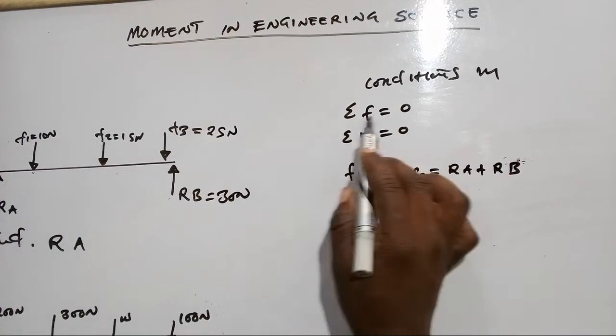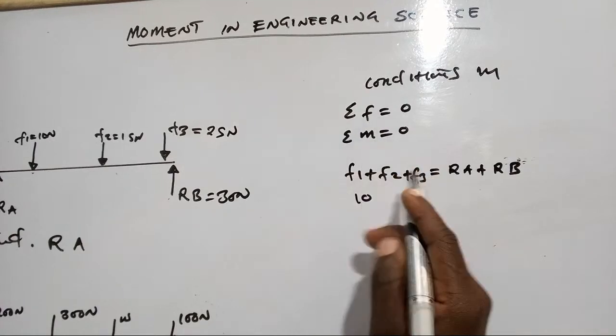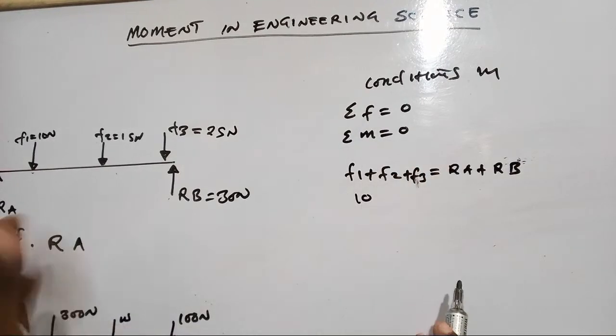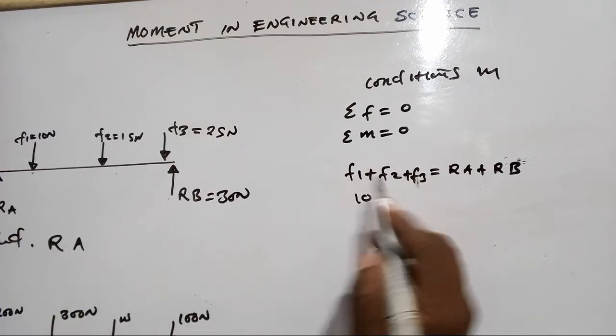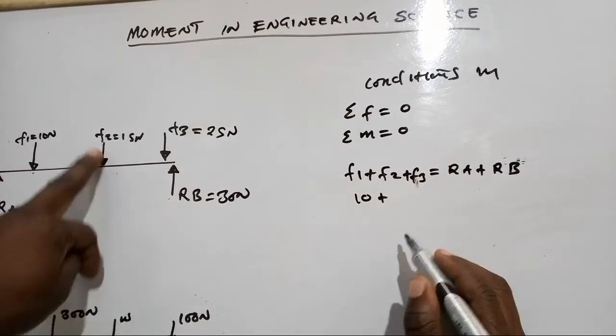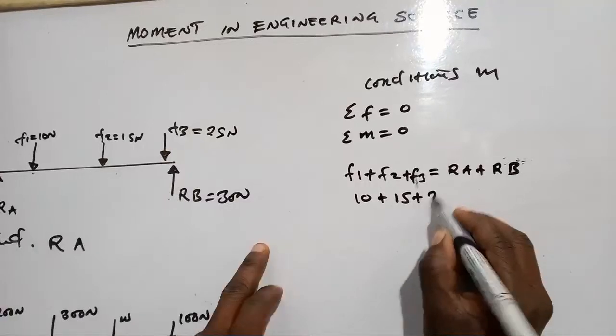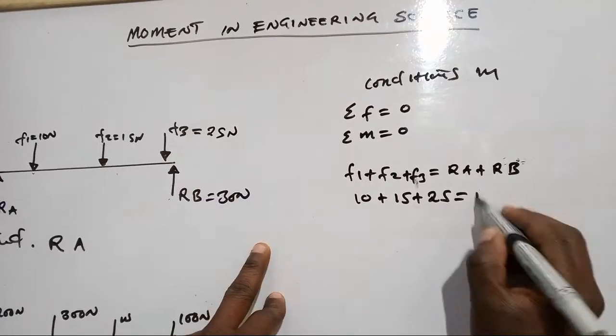We are taking this condition, the sum of forces. Like I say, the forces acting upward should be equal to the forces acting downward. So this is the formula which we are using here. Plus force 2, we have 15, plus force 3, we have 25, which should be equal to Ra plus Rb.